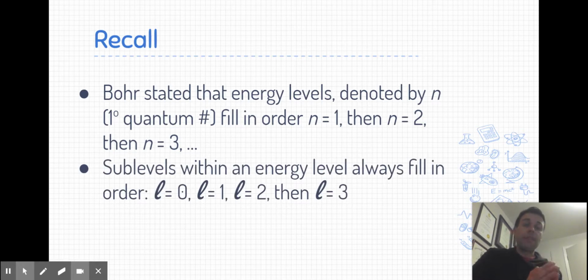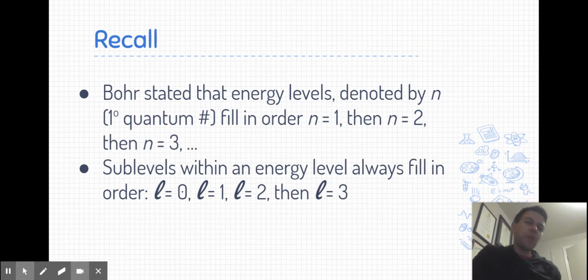Sublevels follow a rule in which they order, and they always follow the rule from the lowest value of L to the highest. So within an energy level, sublevels will always fill in the order L equals 0, L equals 1, L equals 2, L equals 3, and so on.